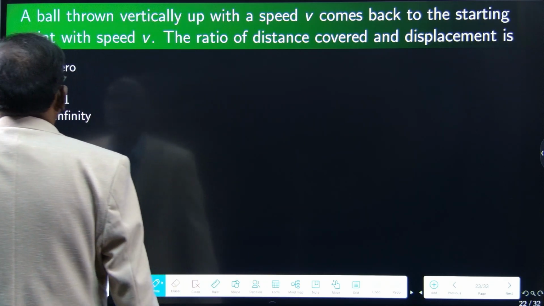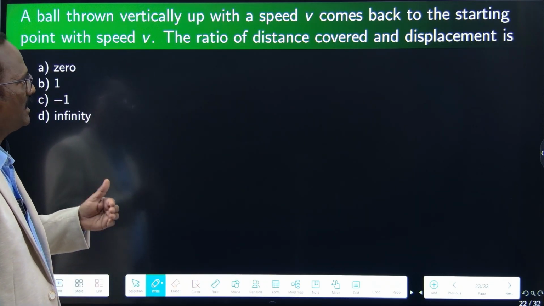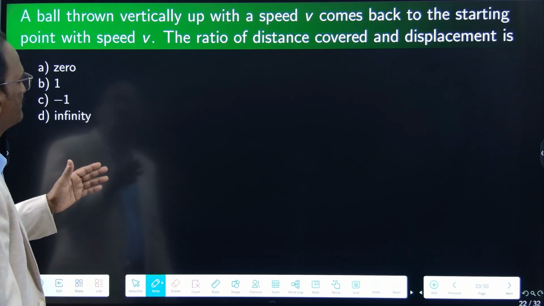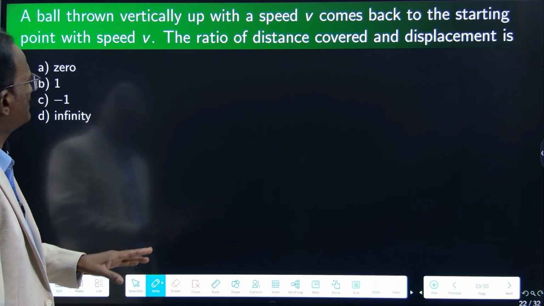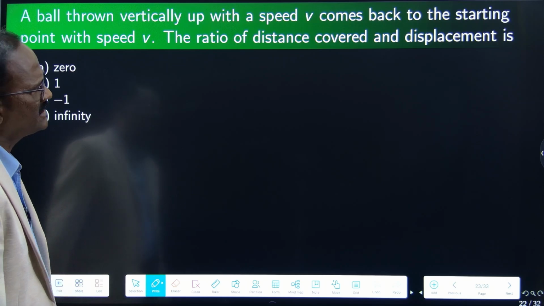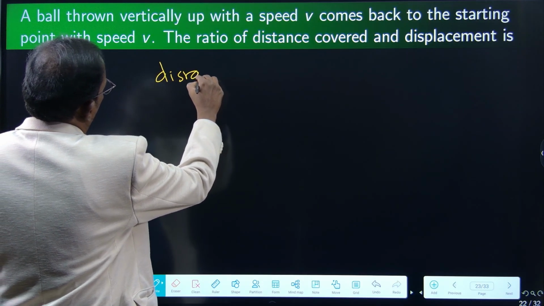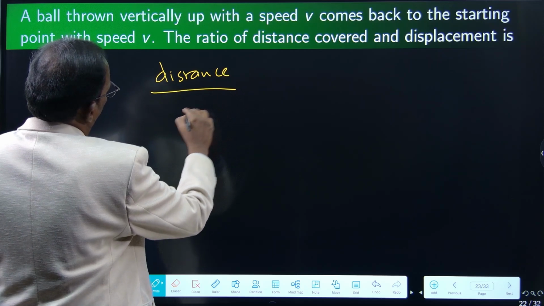Next problem, a ball thrown vertically up with a speed v comes back to the starting point, right? The ratio of distance covered and displacement. Distance divided by displacement.